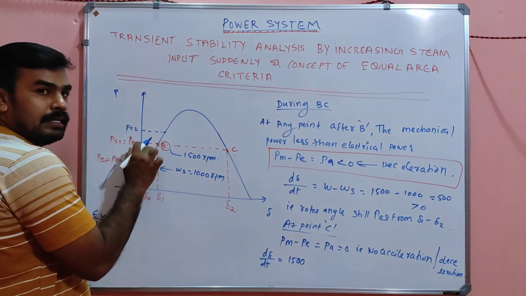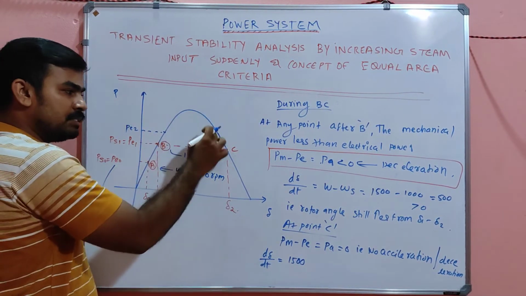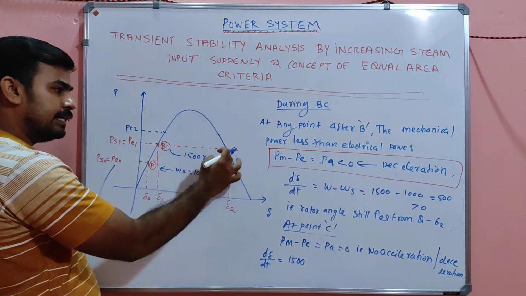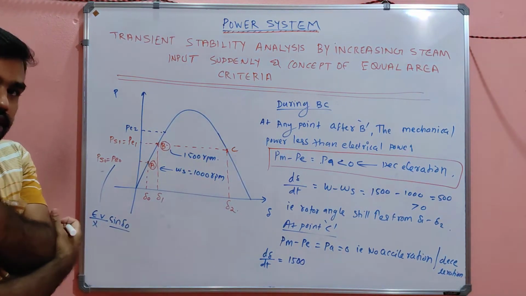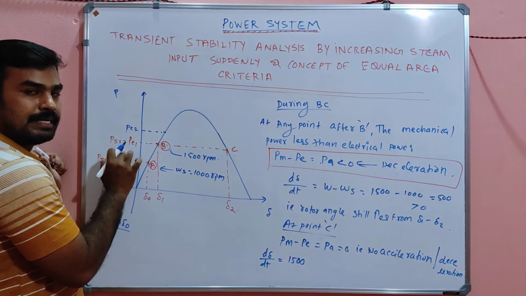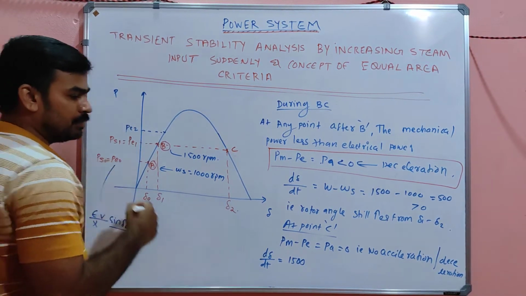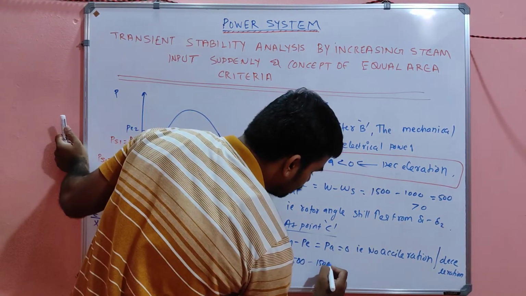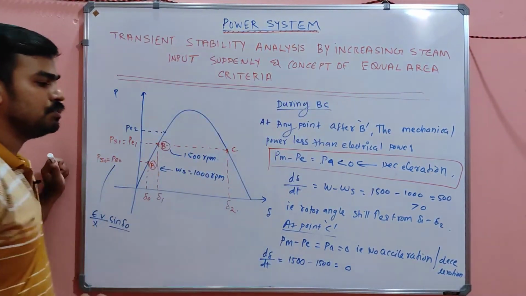Here we increased the mechanical input, so it is continuously decelerating. It decelerated to what? This PS1 is 1500 rpm. So 1500 minus 1500 is eventually 0.